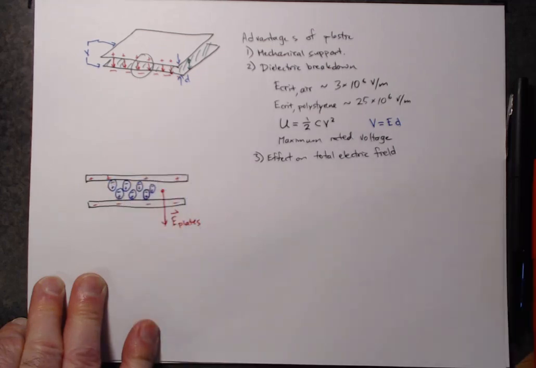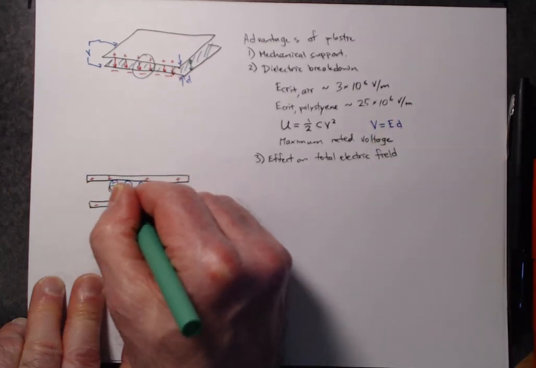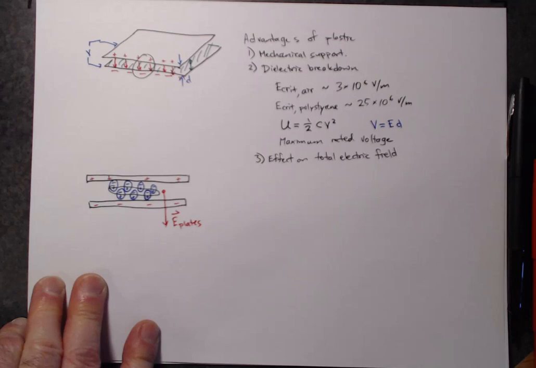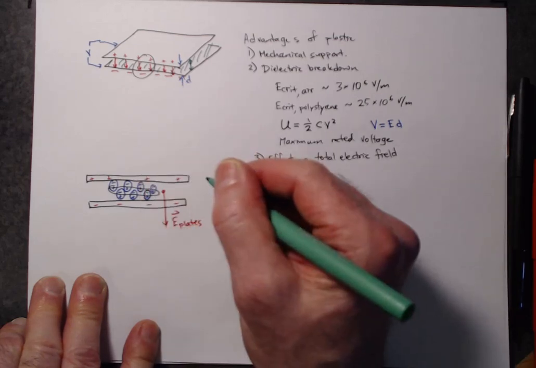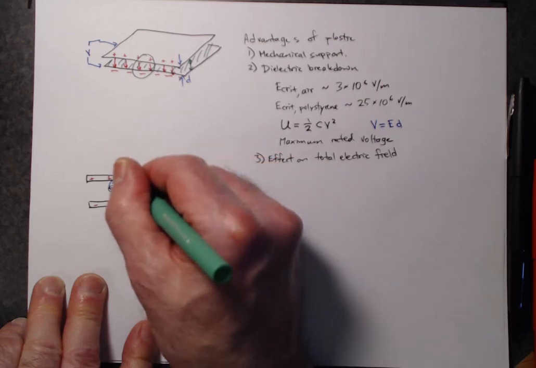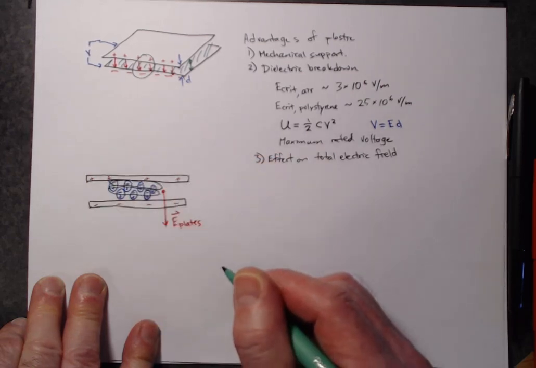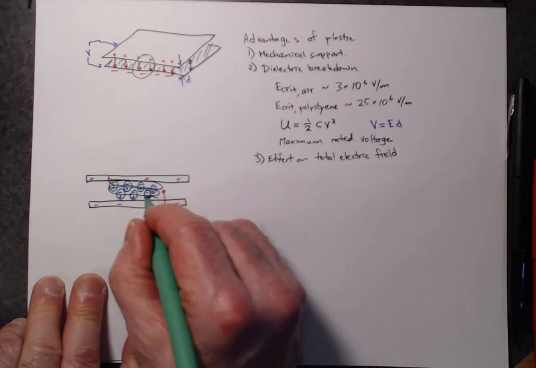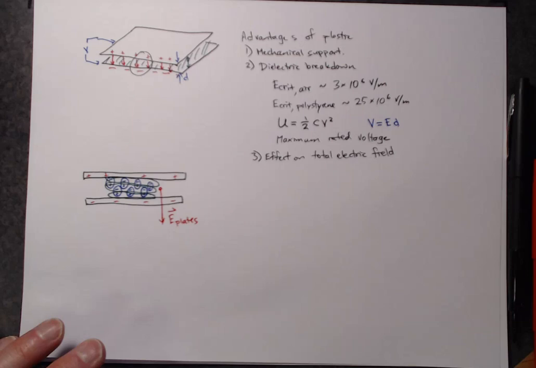Now you can see that in the interior, we've got a bunch of plus and minus charges all very close to each other, and so their effect is to cancel each other out. But along the top surface, there's a layer of negative charges that's not canceled out. And along the bottom surface, there's a layer of positive charges that's not canceled out.